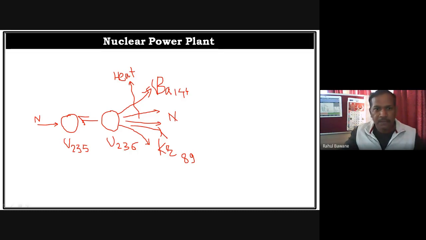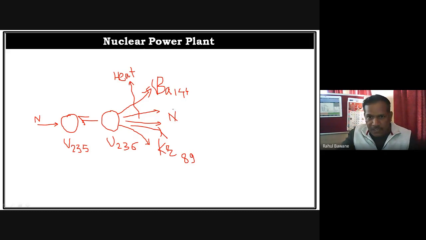So a neutron is bombarded on uranium, then uranium becomes unstable. This unstable uranium splits into barium and krypton, and during the splitting, additional 3 neutrons are emitted, and this process is known as fission. And during this process, heat is evolved, and the intensity of heat is very large.